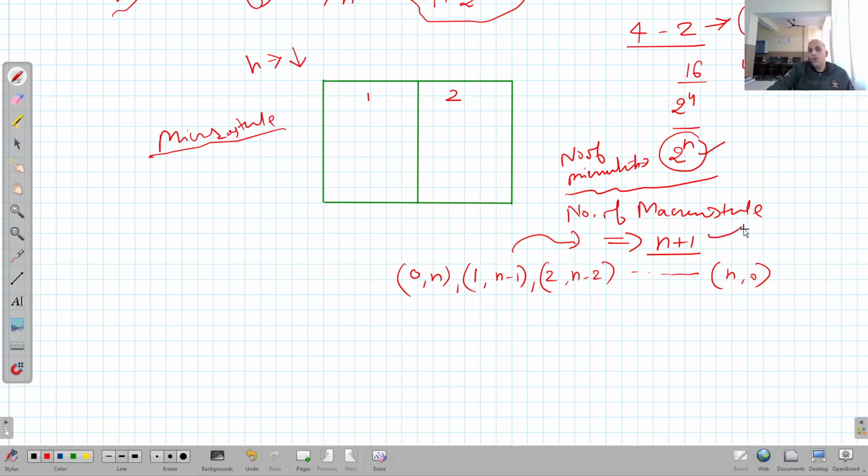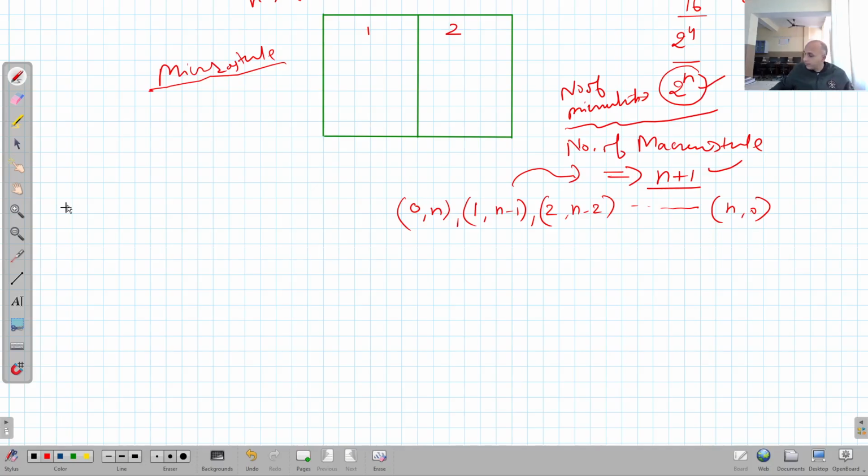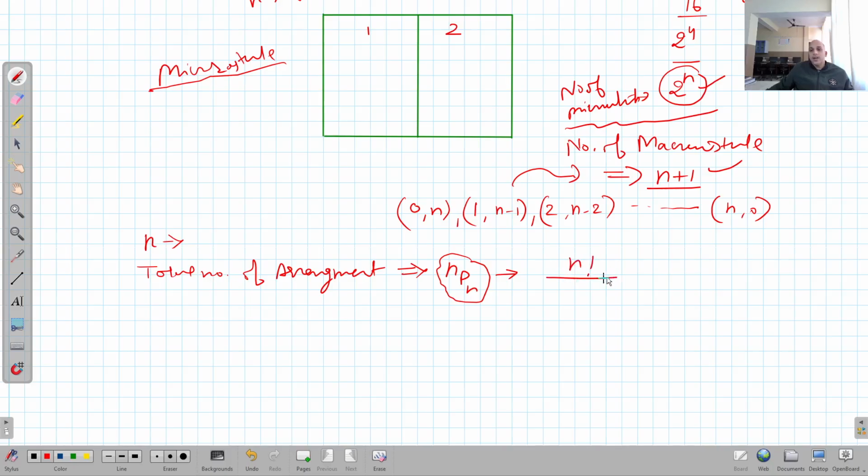Now, as we have n particles and the particles are distinguishable, the total number of arrangements of these particles is equal to nPn. This gives us n factorial divided by (n minus n) factorial.